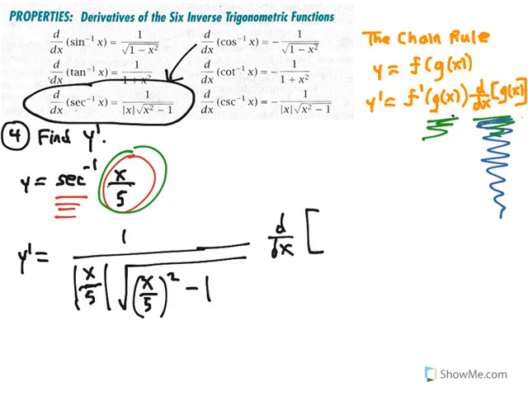So you have the derivative with respect to x of x over 5, which you can write as 1/5 times x. That's just another way of writing x over 5. So when you differentiate that, you get 1/5.